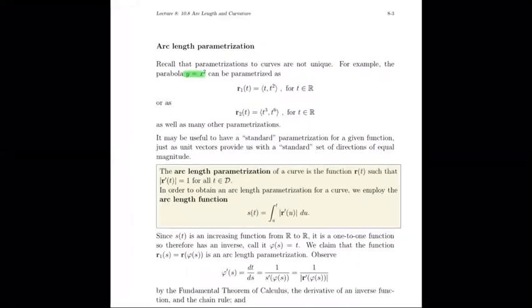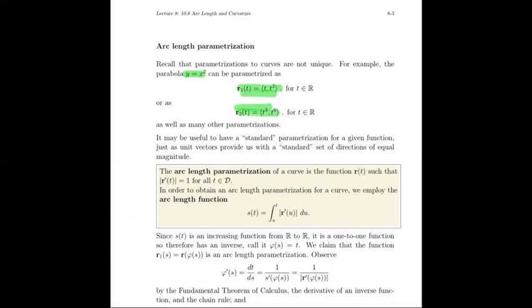If we have a parabola, y equals x squared, it can be parameterized in two dimensions as t comma t squared, or just as well t cubed comma t to the 6th. Either of those produces the same exact curve in two dimensions. The difference is the first one moves a little bit slower than the second one as t progresses from 0 to 1 or 1 to 2. So that's the interesting part of this.